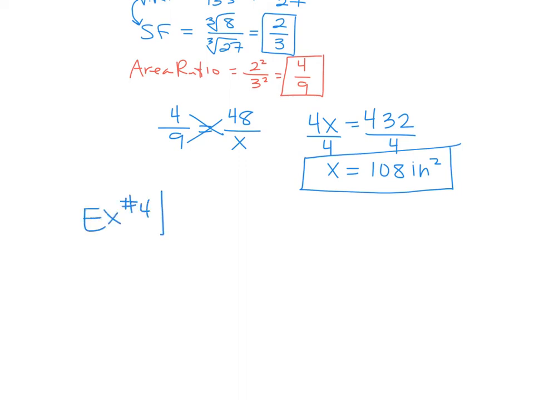Example 4. I'm going to write this one out because I want you to talk me through it. I want you to tell me what you have to do, not me tell you. So bear with me. I'm going to write it in shorthand so it's not so many words, but I want you to understand the problem. So Office Max sells paper clips in 2 different boxes. You have a small box and a large box. A small box of paper clips holds 220.